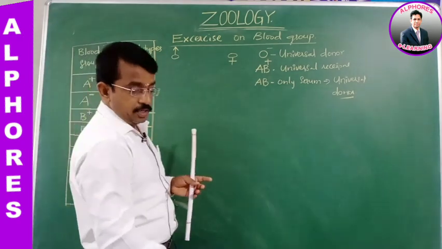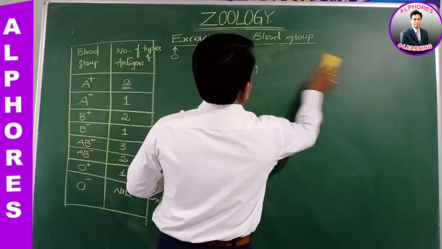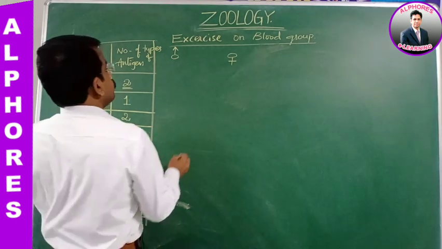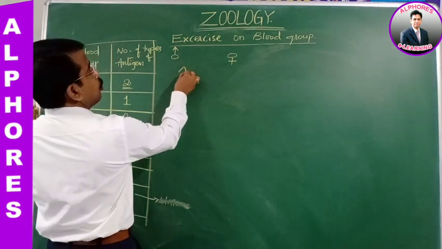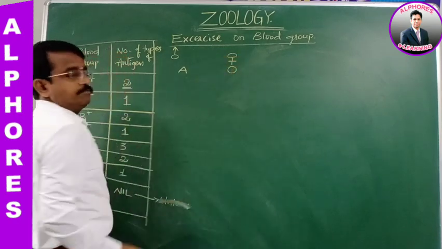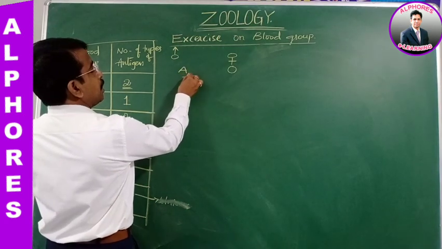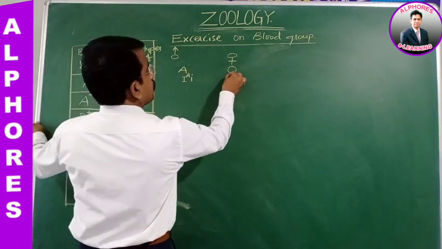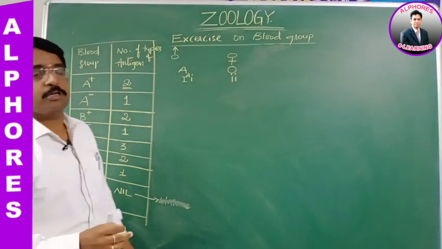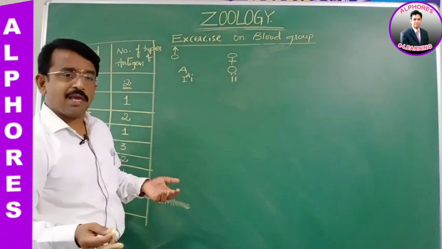Now let's go to the different types of combinations that they have. If the father is with the A blood group and the mother is with the O blood group, what are the genotypes we find? IA, IO and IO. Generally, we have to take into consideration the heterozygous type, as A can be IA, IA and IO.